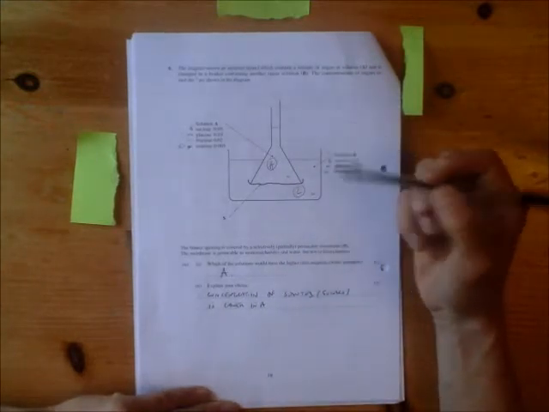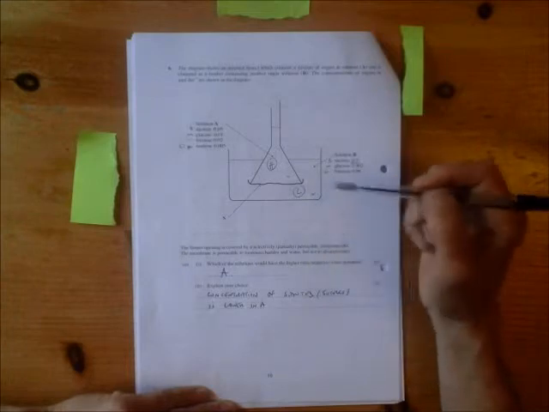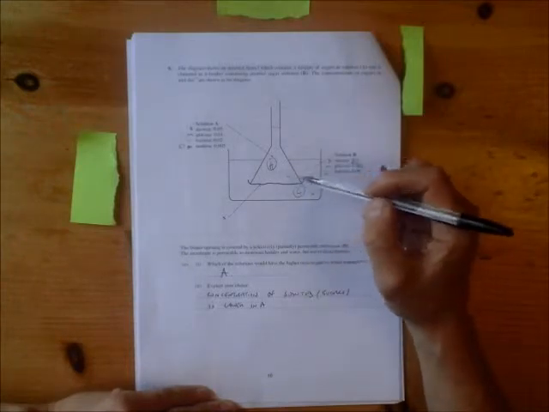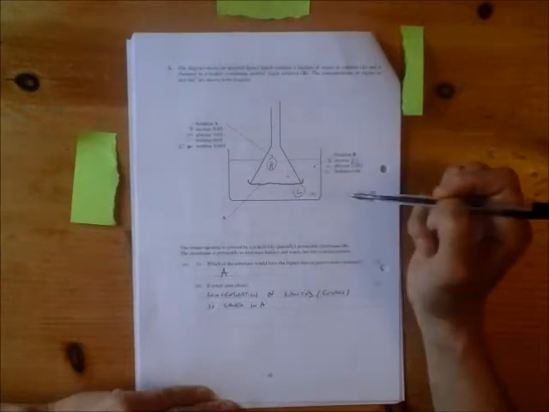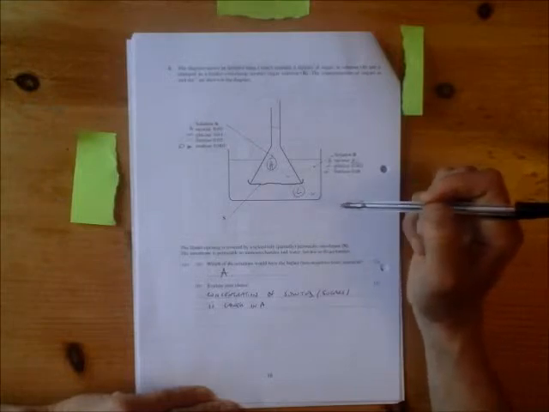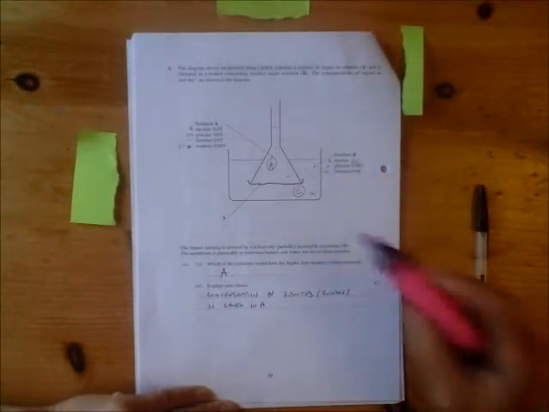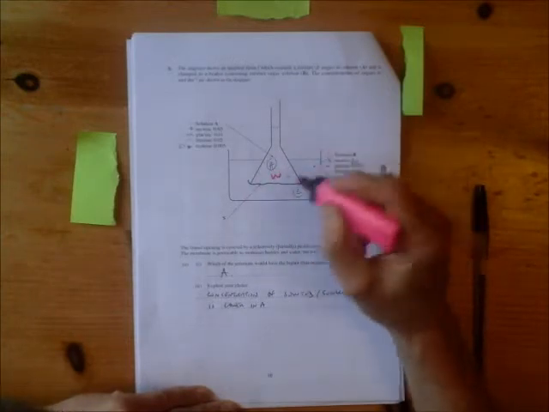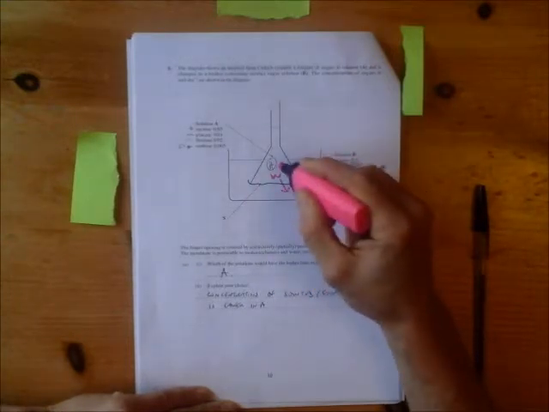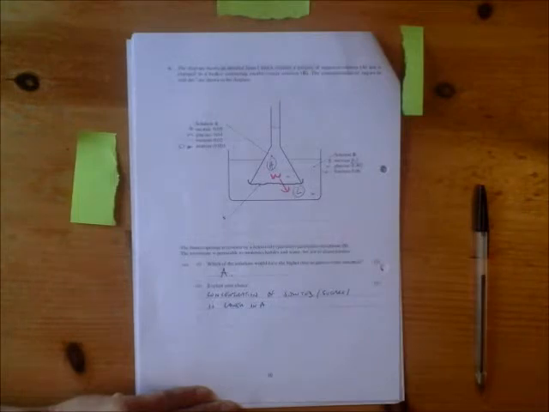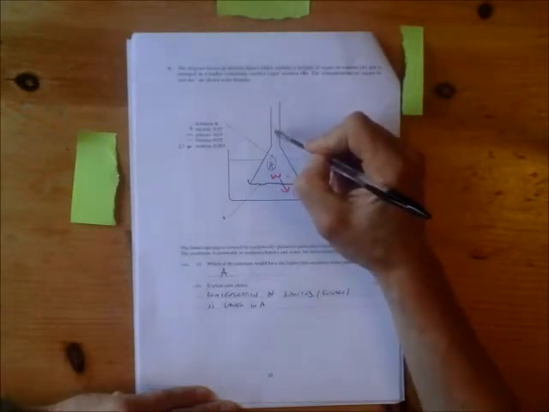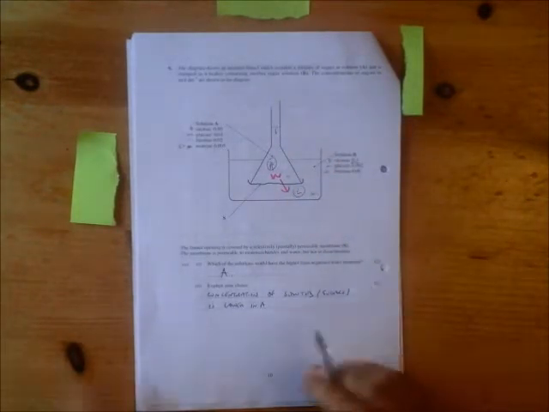And then if you remember your osmosis definition, it's the movement of water through a selectively permeable membrane from high to low water potential. So water is going to move there from high to low water potential, and so our level there is actually going to go down.